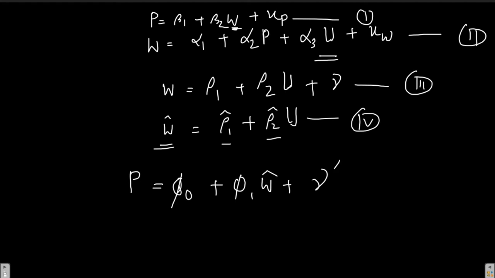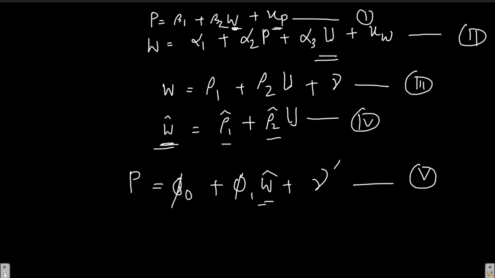Now I'm simply using this value from this equation in equation 1. So this is going to be my equation 5, and this is where I'm claiming that I have actually solved the endogeneity problem. This W hat no longer has a relationship with UP, so it is no longer covarying with the error term.